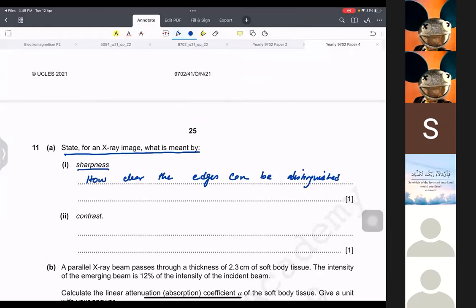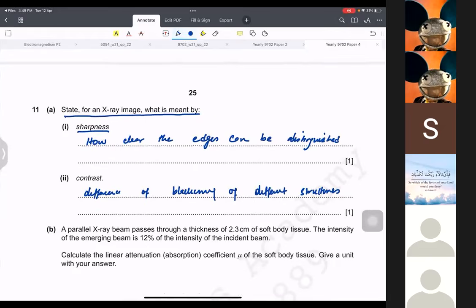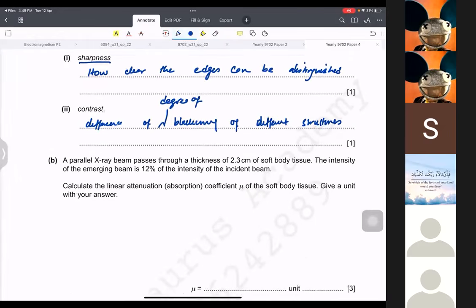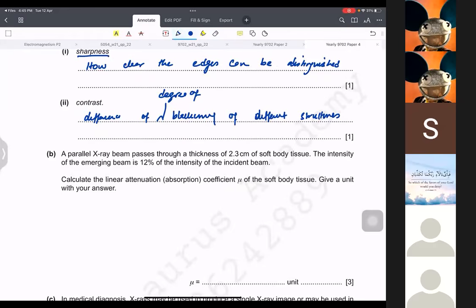Now, contrast is the difference of blackening of different structures. So how black is something? So you can also write degree of blackening.